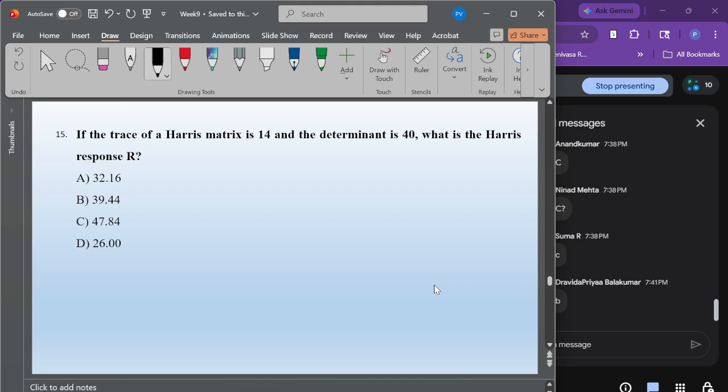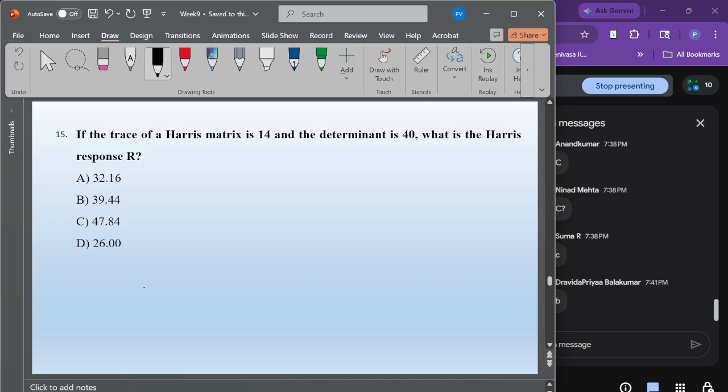Now the next question is, if the trace of the matrix is 14 and the determinant is 40, what is the Harris response R? So this is a simple practice question for you. Can you calculate and let me know what the response R will be?